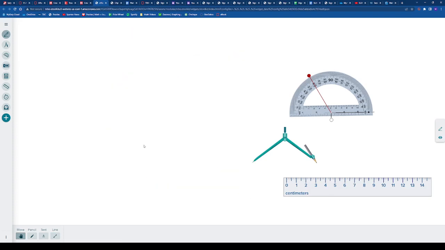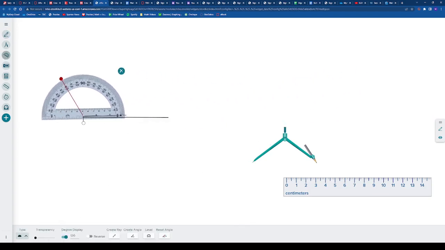Okay, so those are our three side-based ones. Let's take a look at angle-based ones. So the easier one for angles is angle side angle, because we still have a side that's known. So let's go ahead and make this side. And now we're going to have two known angles. So I'm going to start from one side of my segment and make an angle of, say, I don't know, 70 degrees.